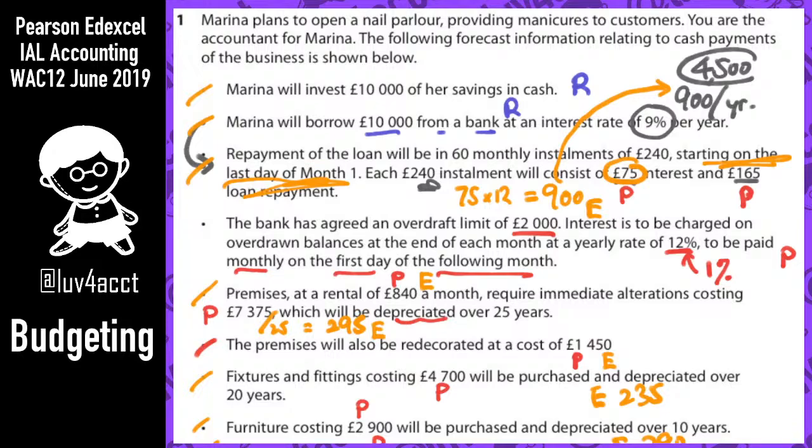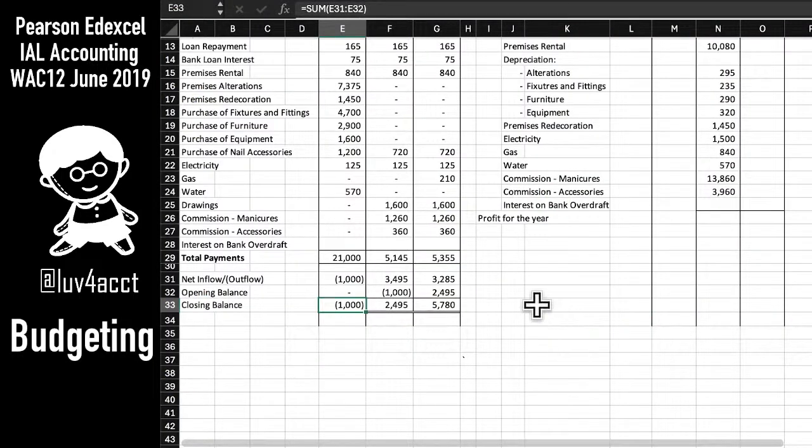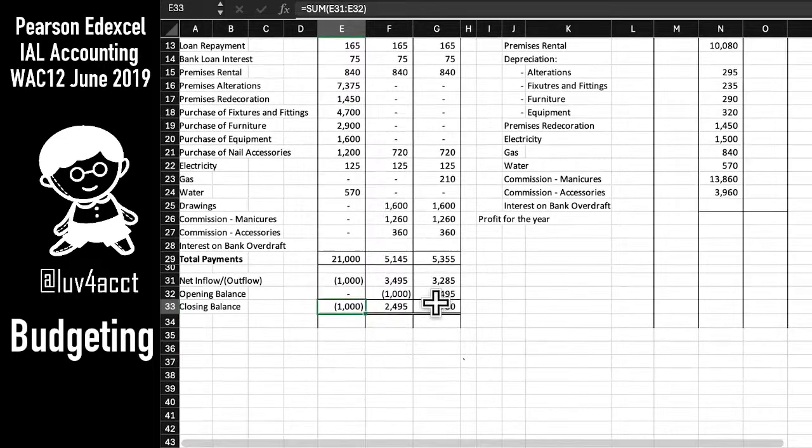So 12%, we have already calculated that it would be 1% per month, to be paid monthly on the first day of the following month. That means if we have a bank overdraft at the end of month 1, we will be paying interest on the first day of month 2. So let us go back here and zoom in a little bit.